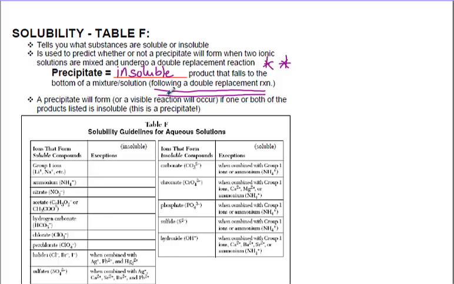Yes, it is. It's not considered a precipitate. But if we have performed a double replacement reaction by mixing two solutions together and see something fall to the bottom, then it is considered the precipitate. Okay, a little confusing. But a precipitate will form, or a visible reaction will occur, if one or both of the products listed is insoluble. That is the precipitate.